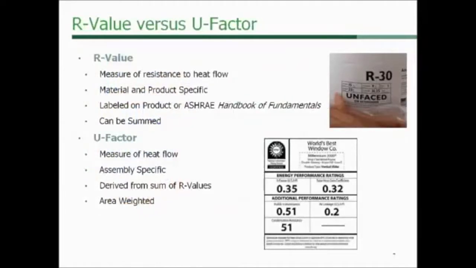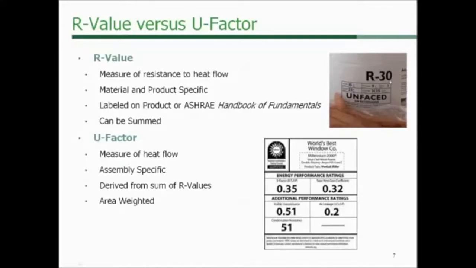So, jumping right in, R value versus U factor. An R value is the measure of resistance to heat flow. So it's literally measuring the resistance, and it's material or product specific. Like in this picture, this product is showing an R30 resistance.